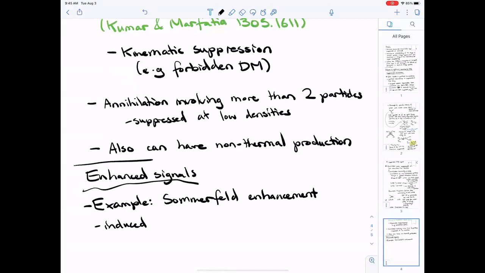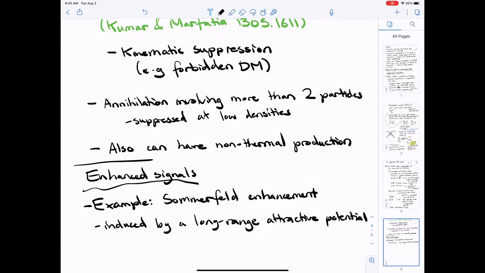The basic idea is that if the dark matter is interacting through some force, which could be like the weak gauge boson of the standard model, or some new force that is long range relative to the annihilation interaction and attractive, then that can enhance the annihilation rate dramatically, much the same way that if I have 2 oppositely charged particles, the fact that there's a Coulomb interaction between them makes them a lot more likely to interact.